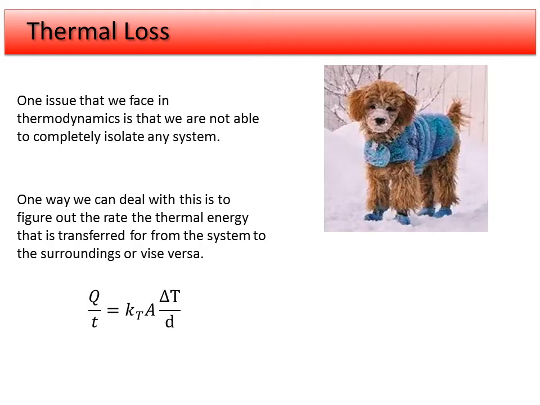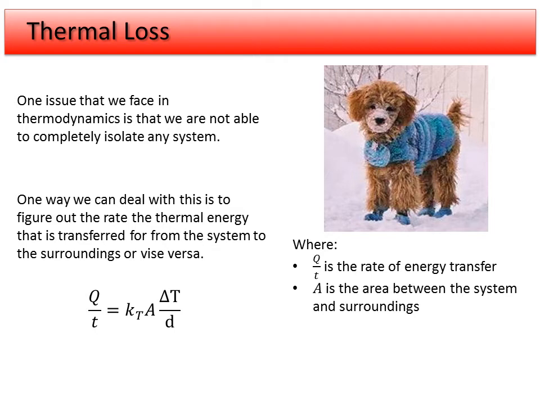So say we have this wonderful cute little dog, put a sweater on it. Well, the sweater has some area. It also has some distance, some thickness of the sweater. So Q, as I said, was the rate of energy transferred. A is the area, so A would be the area of the sweater between the system and the surroundings.